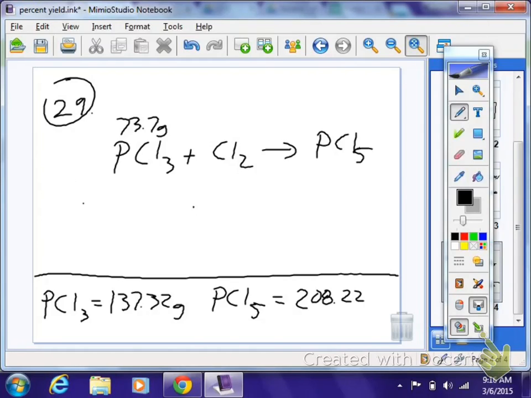So we have this equation, and what it asks us on 29 is to find the mass of the PCl5 expected from a reaction where we're starting out with 73.7 grams of PCl3, which is a reactant. And we have excess chlorine. So chlorine's not going to limit our reaction. Okay, it already tells us what's limiting. And this reaction says it makes 83.2% yield.